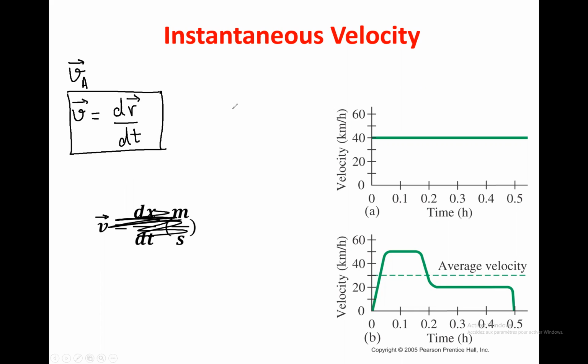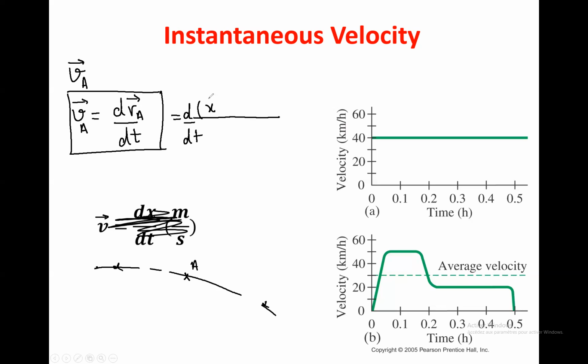And if I want to calculate, for example, I have a motion of the object between this point and this point. I want to calculate at a special point, at this point. It's the point A. So I want to calculate VA equals delta r A divided by delta t, equals dr divided by dt.